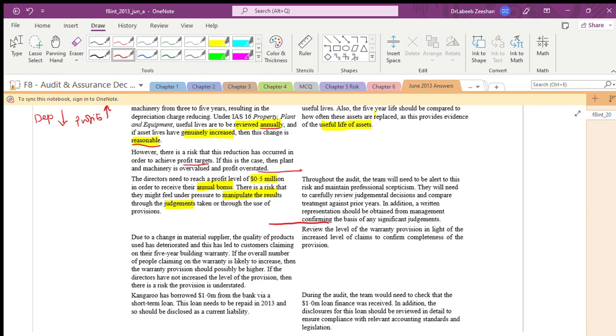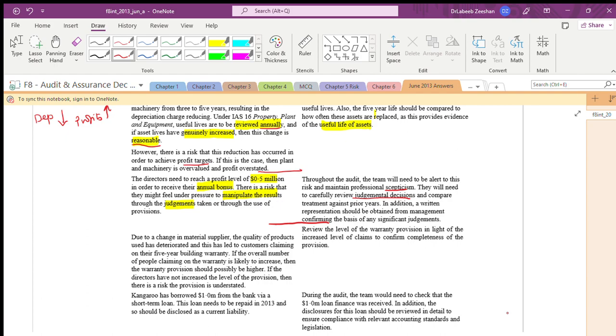Throughout the audit, the team will need to be alert to the risk and maintain professional skepticism. If there are any judgmental decisions, you have to review them. Why are we saying this? Because the profit has to be reached at any cost.